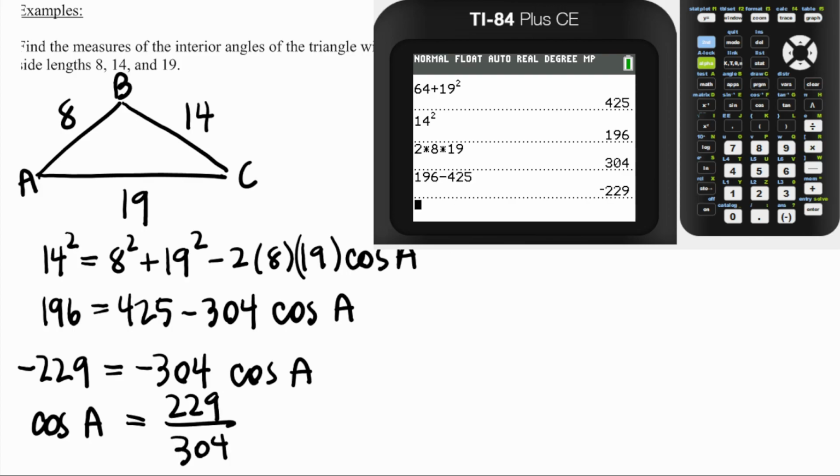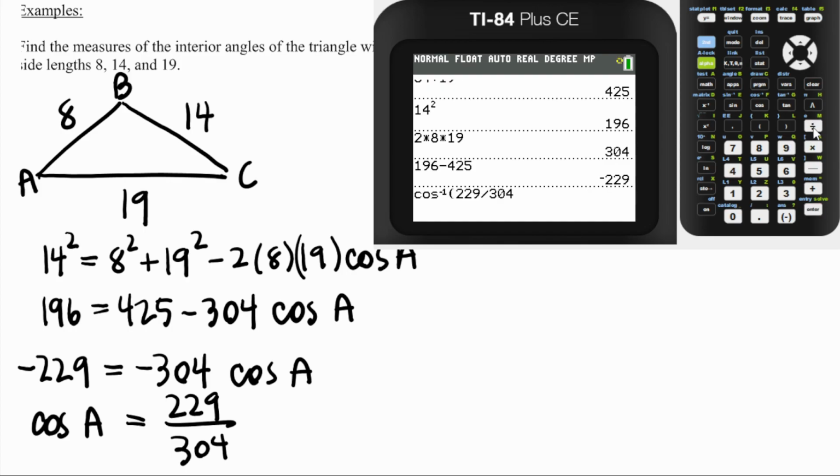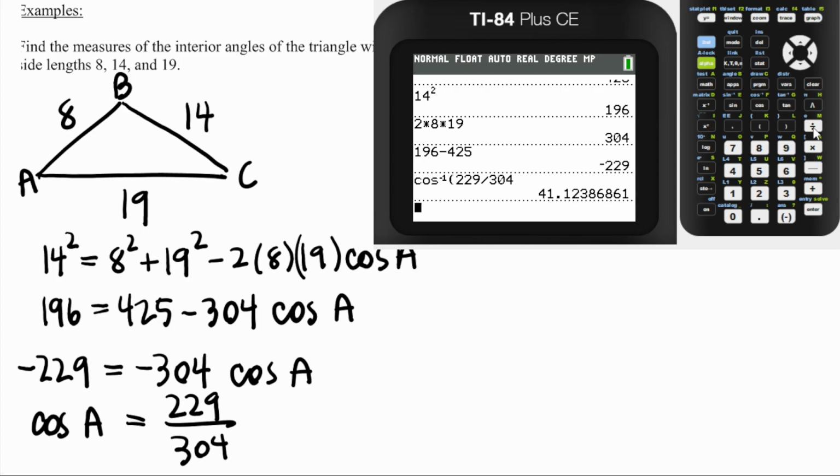So I can do inverse cosine to find the value of A. I'll just come here and do that real quick. Inverse cosine of 229 divided by 304. And I've got 41.124.